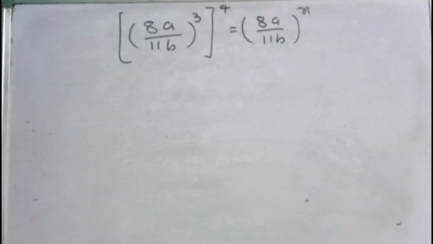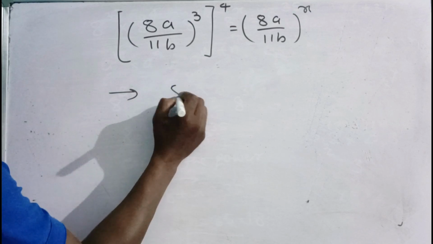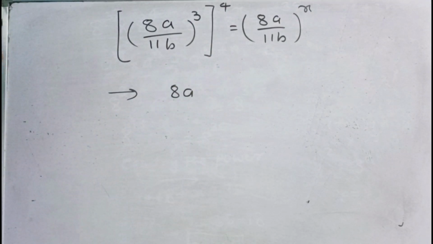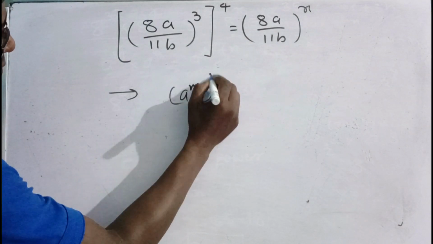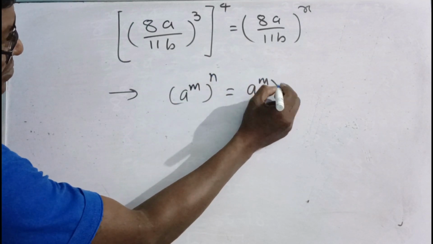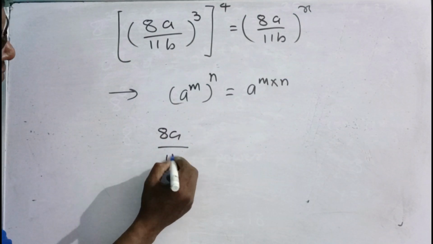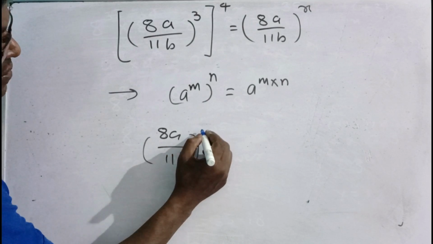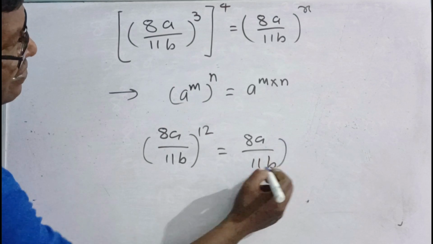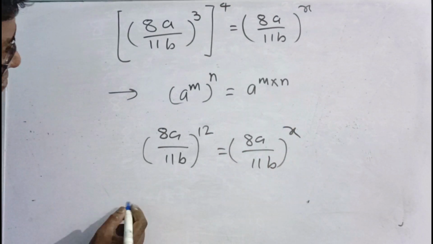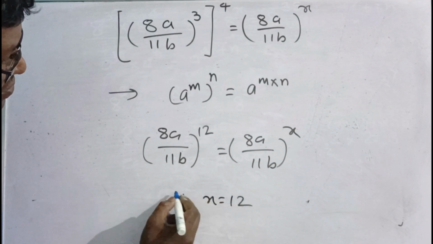Very simple problem, the answer is in one step. Here we are using the property (a^m)^n is nothing but a^(m×n). (8a/11b)^12 is equal to (8a/11b)^x. Base is the same. Equating the power, x is equal to 12.